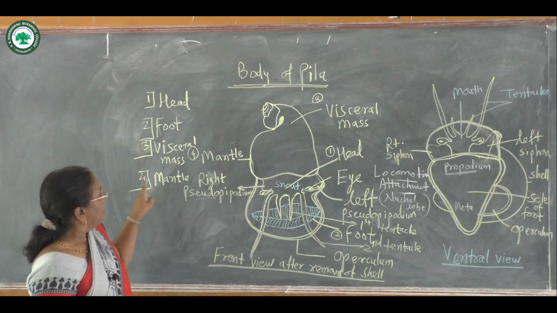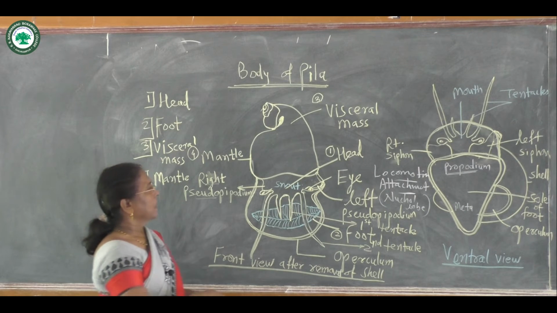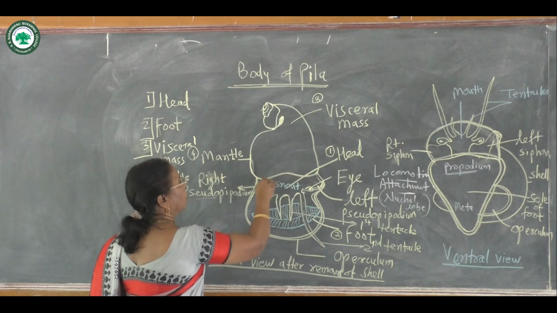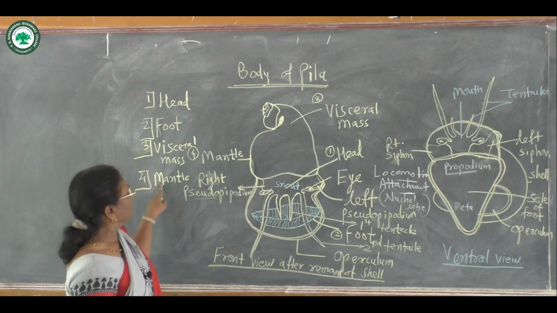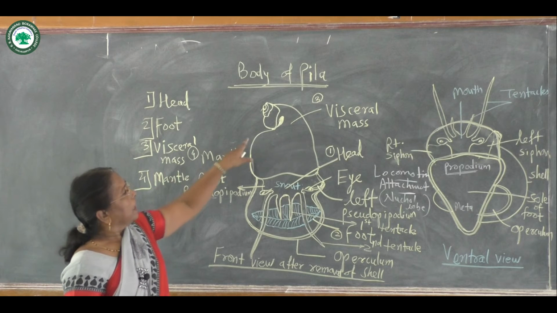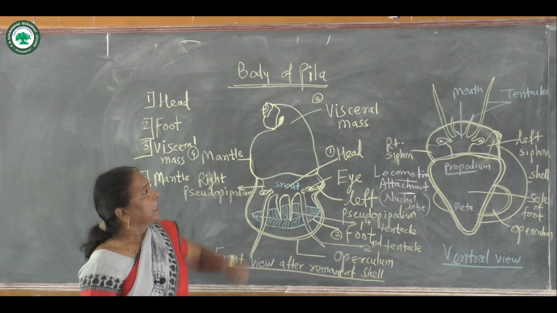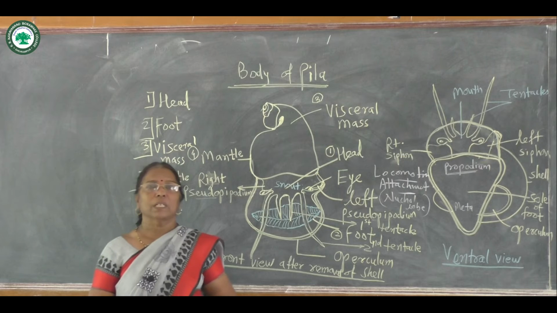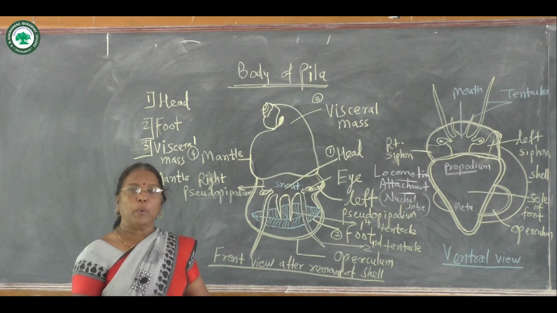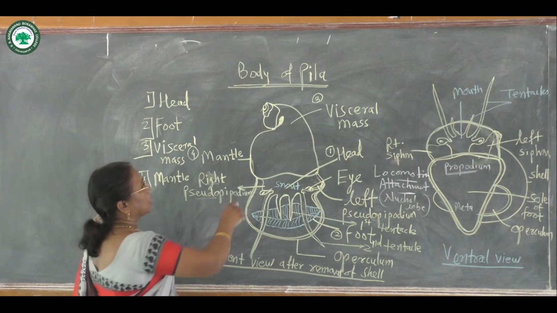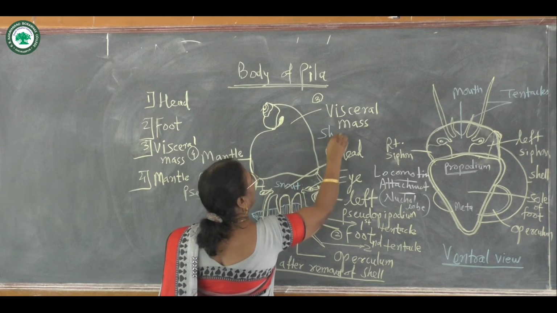Then the mantle. Mantle is nothing but the smooth body covering of the animal. This smooth body covering is glandular and it is responsible for the secretion of calcium carbonate deposition, which later on forms the shell.